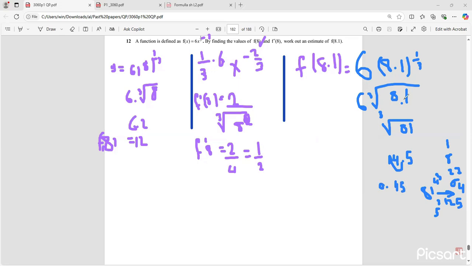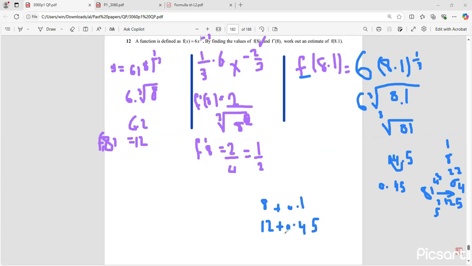Then we're going to move this decimal point 1 dp away, so it will be 0.45. So here we can get f(8) equal to 12. We can say f(8.1) will be between 12 plus, because 8.1 is 8 plus 0.1, so I'm going to say plus 0.45.